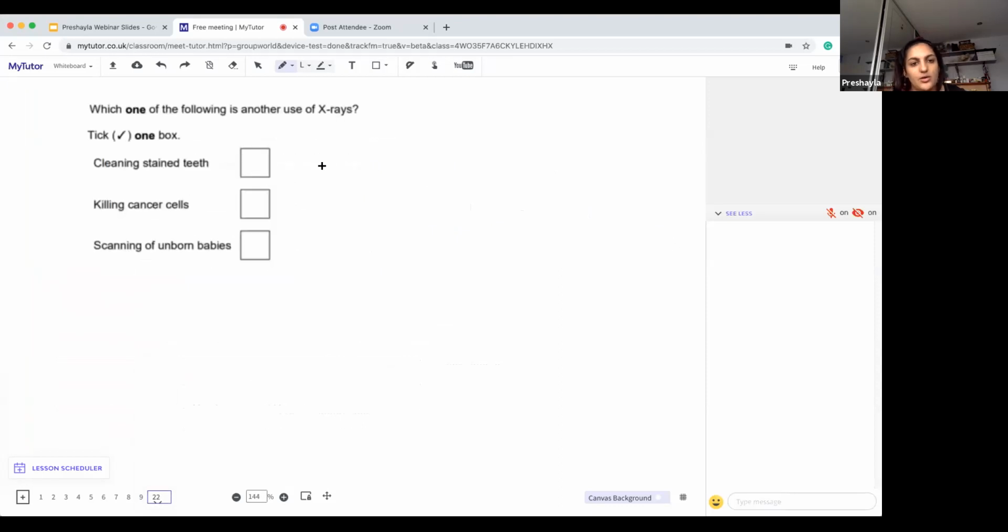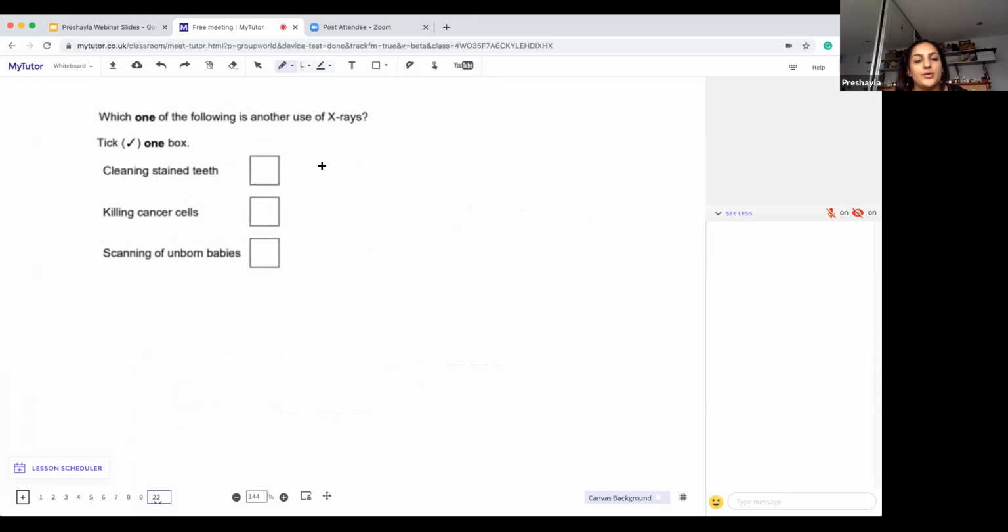Okay, now finally, which one of the following is another use of X-rays, having already talked about imaging? What is another use of X-rays apart from imaging and scanning?